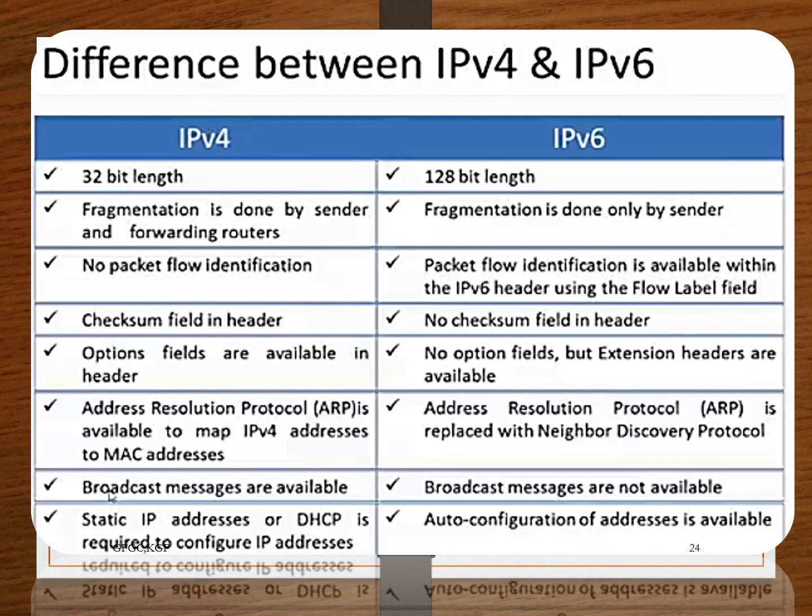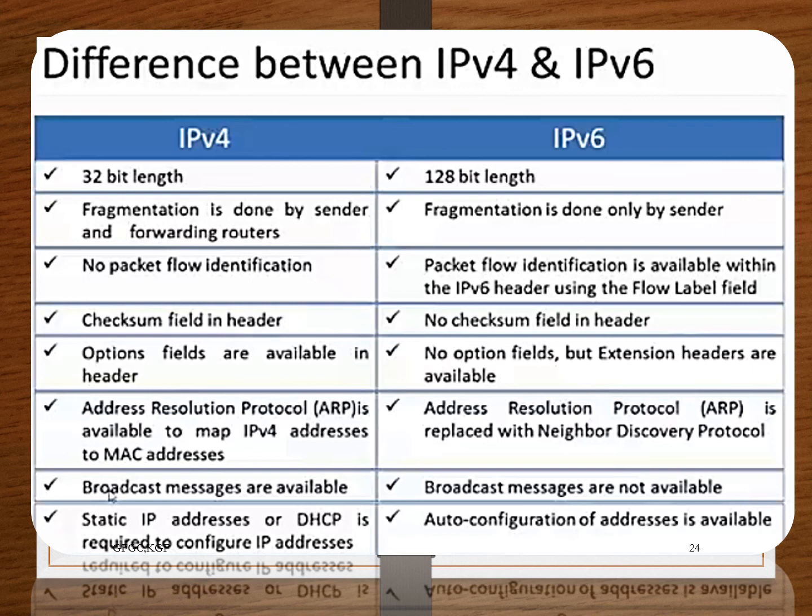In IPv4, there is no packet flow identification, whereas in IPv6, with the help of the flow label field, packet flow identification is available. In IPv4, there is a checksum field in the header, whereas in IPv6, there is no checksum field in the header.